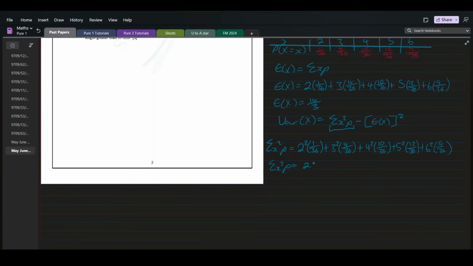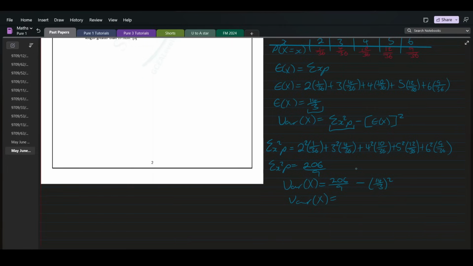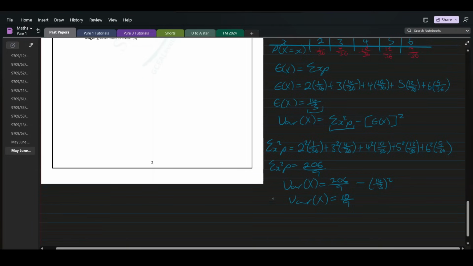So that means the variance of x is equal to 206 over 9 minus our expectation squared, 14 over 3 squared. That gives us 10 over 9, and this is our final answer.